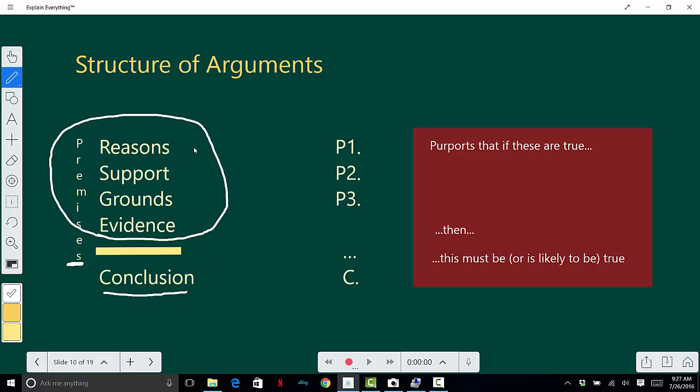So the idea is that the truth of our premises, the truth of our reasons or support, grounds, or evidence that we offer, is supposed to guarantee, or at least suggest that it's more likely to be the case that our conclusion is true.